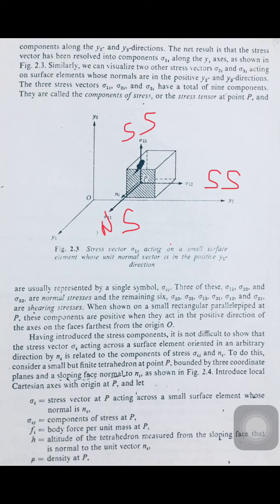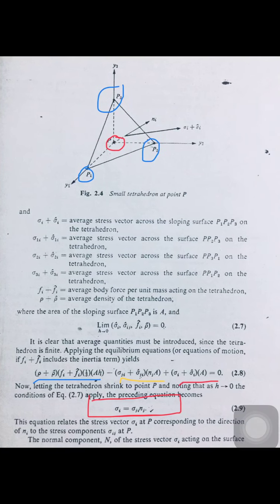Fi is the body force per unit mass at P, h is the altitude of the tetrahedron measured from the sloping face that is normal to the unit vector Ni, and rho is the density at P. So we have defined these components and some measurements which are required to derive the formula.